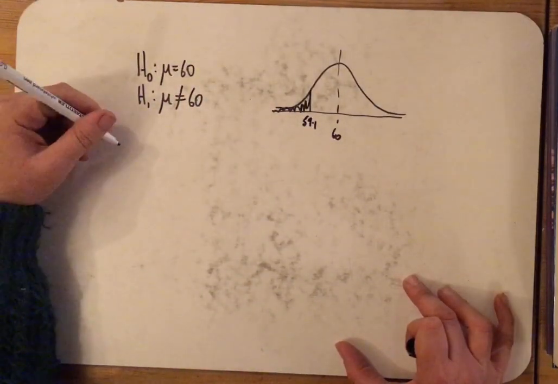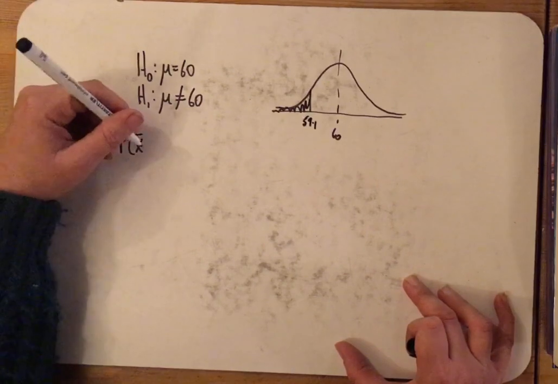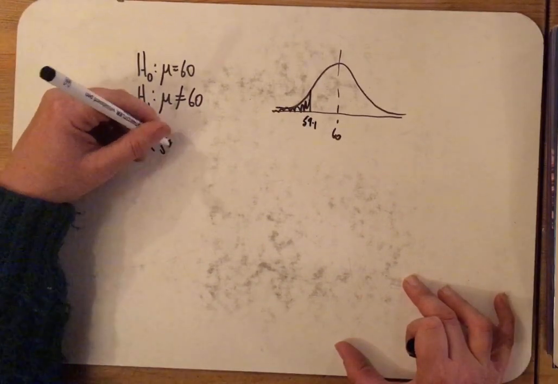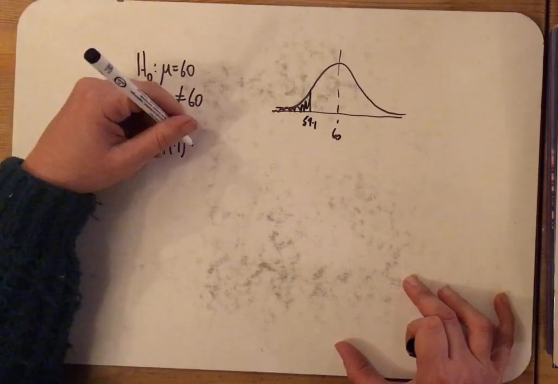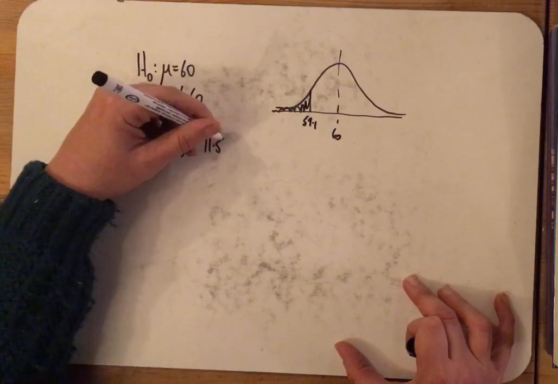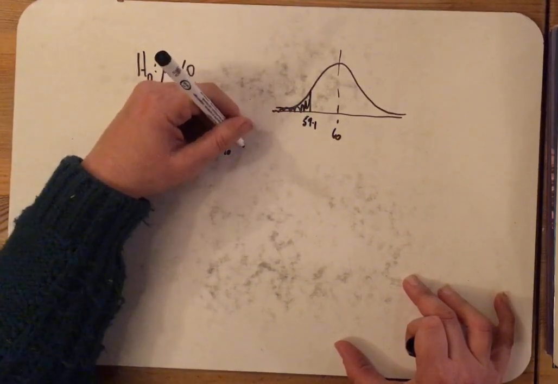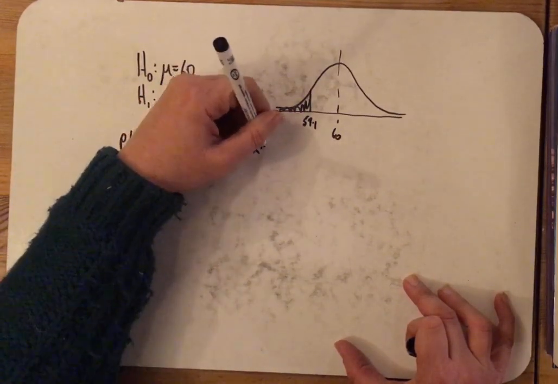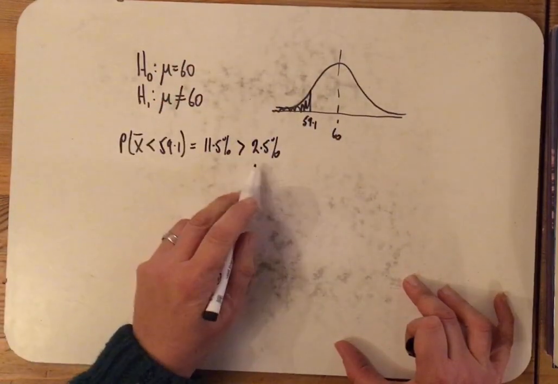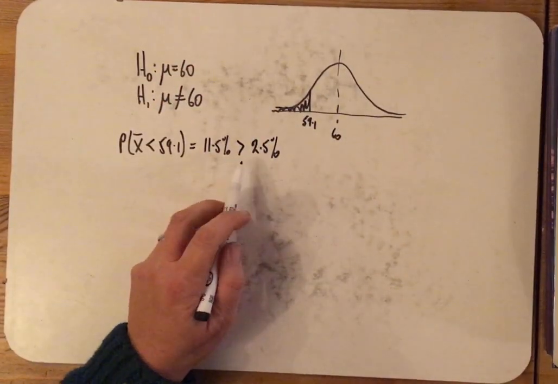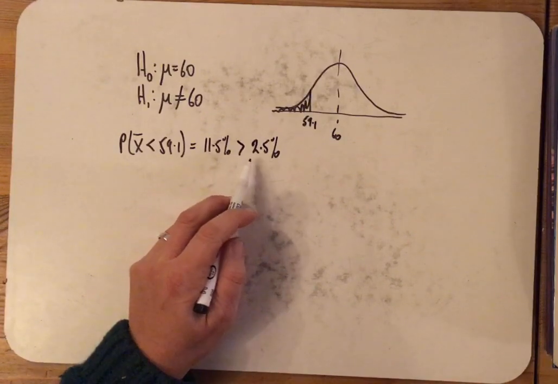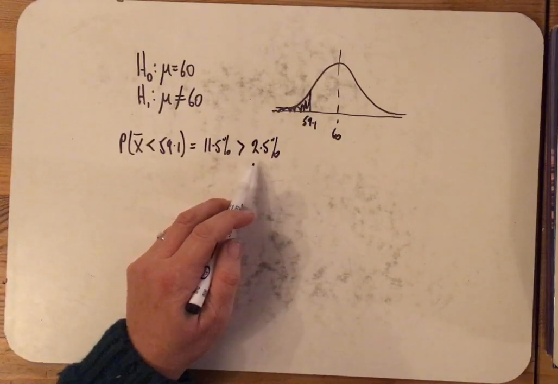And then you would find the probability of being less than 59.1. But rather than compare it with 5%, you half your significance level on each tail. So you would compare this probability with 2.5% instead.